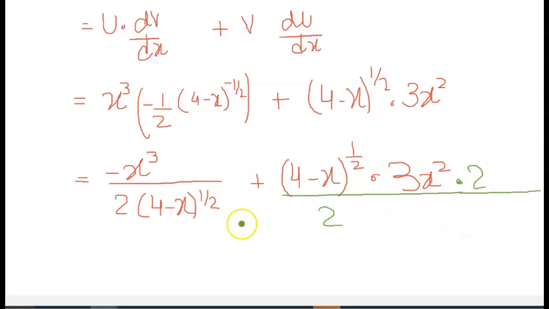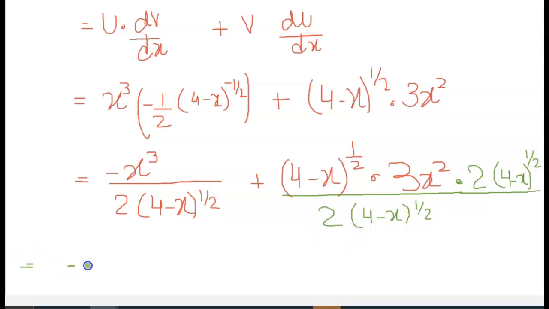Now it's balanced. Here I've got (4 minus x) to the power positive half, so I have to put that here as well, 4 minus x to the half, and on top as well. Now this is to make the denominator the same.